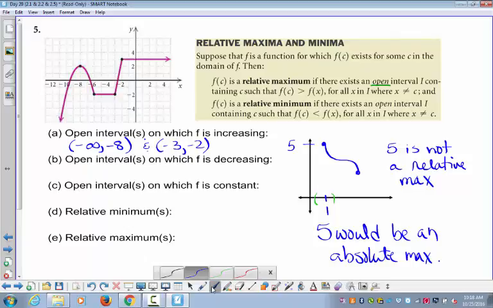That look good? All right, open intervals on which f is decreasing. So again, we're reading left to right. Decreasing means it's going down, so negative 8 to negative 6. And that's it. That's the only interval where the function is actually dropping as you move left to right. Open interval where the function is constant, so negative 6 to negative 3.